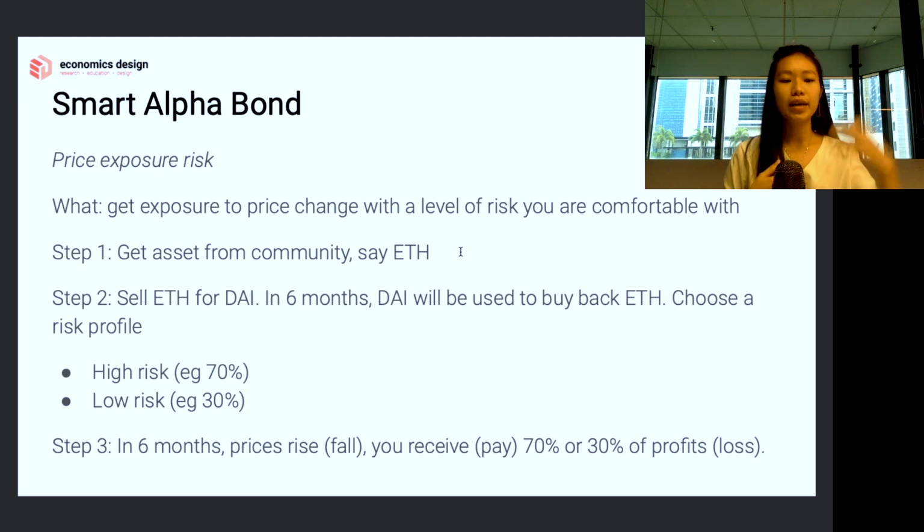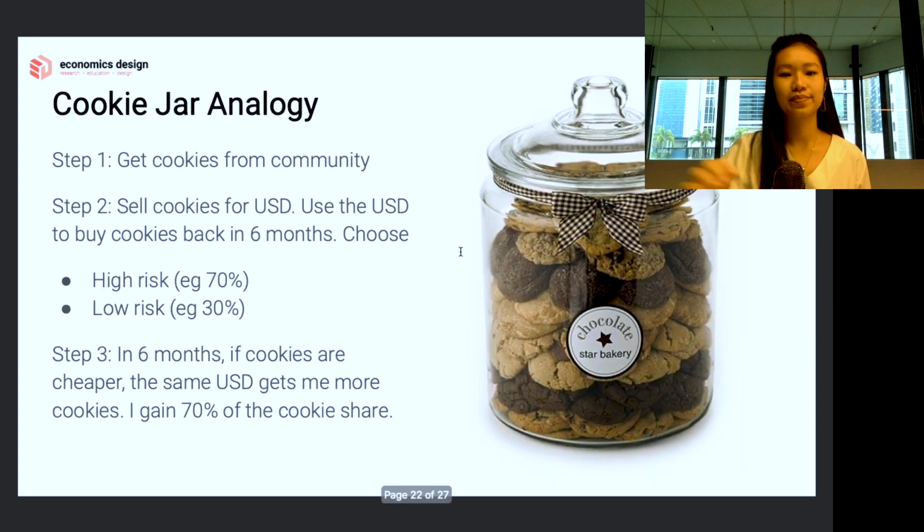So if I am in a high risk profile, then of this extra $100 that is in the system, I will get $70, and people in the low risk profile will get $30. If within the 6 months' time, prices drop by $100, then me in the high risk profile, I will lose $70, and people in the low risk profile will lose $30. So this is the entire idea and concept of smart alpha bond.